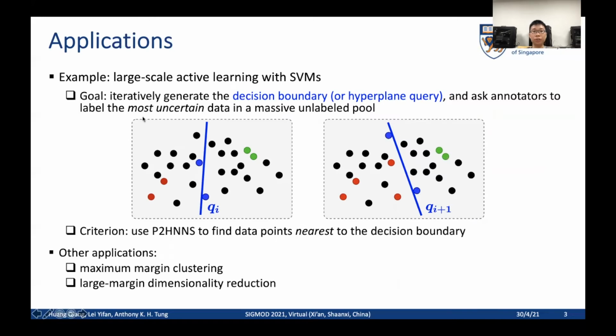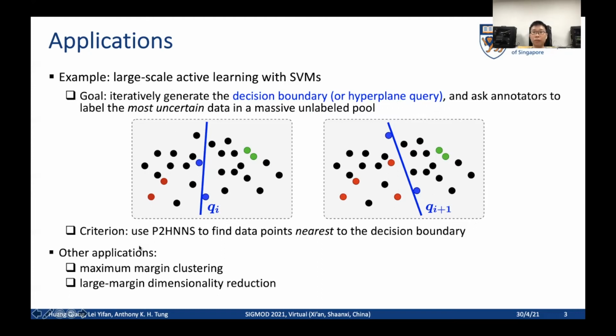The selection criterion for the most uncertain data is to use the point to hyperplane NN search to find the data objects which are nearest to the decision boundary. For example, the data point with the blue color we show here. So if we could design an efficient method for point to hyperplane NN search, we can speed up the learning period for large scale active learning.